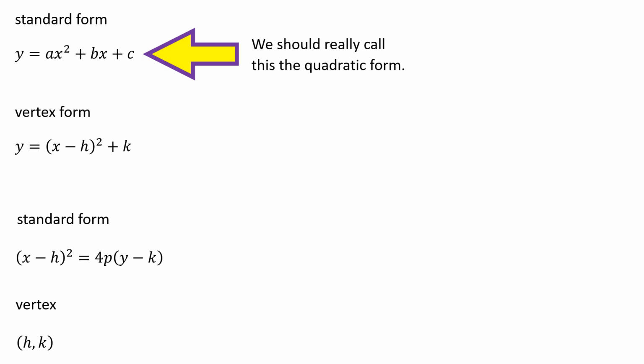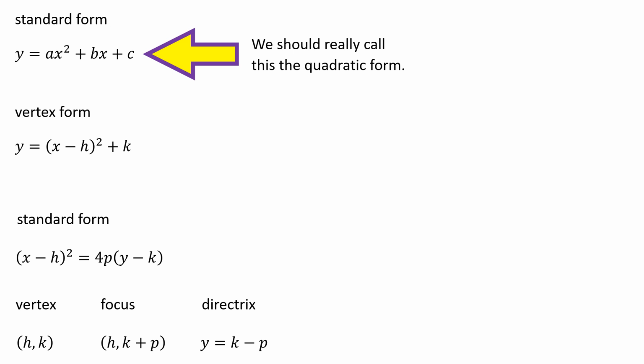Well, the vertex, h comma k. Notice I have to do the opposite sign for each because each of them was inside a set of parentheses. For the focus, the x-coordinate is still h, but the y-coordinate is k plus p. For the directrix, notice this is not a point, so I don't have an ordered pair.